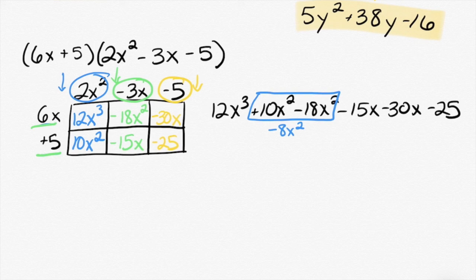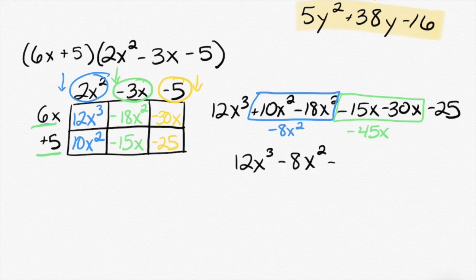So it's still x squared. Anything else I can combine? The negative 15x and the negative 30x give negative 45x, thank you. So 12x cubed minus 8x squared minus 45x minus 25.